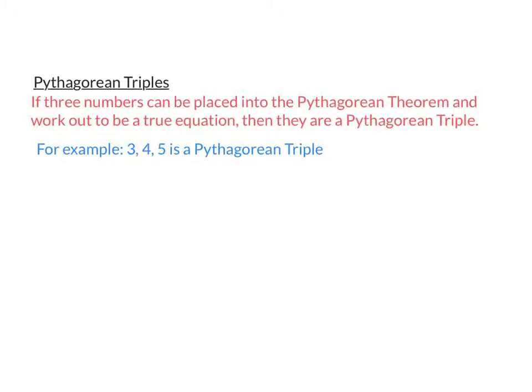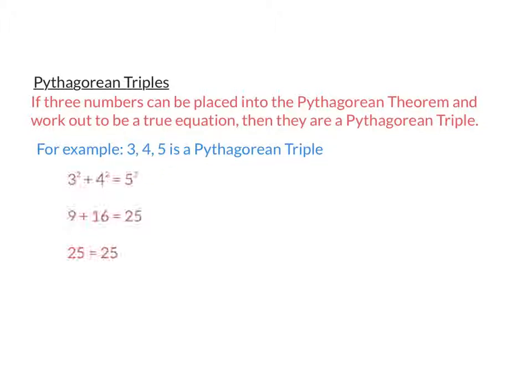Now, in order to prove it, all you have to do is plug it in and show that the left-hand side equals the right-hand side. That's the work that you show to prove it. In this problem, which one of these has to be the hypotenuse? Why? The largest side.